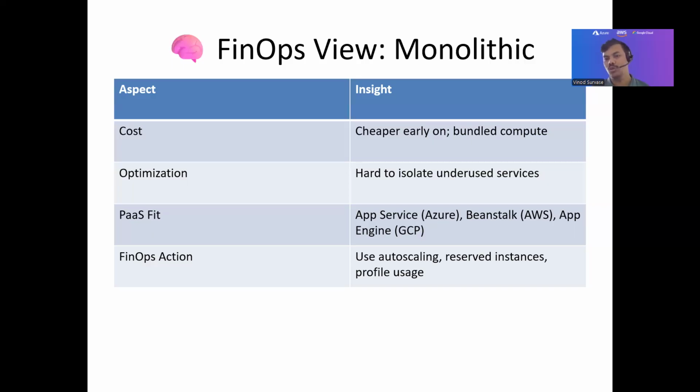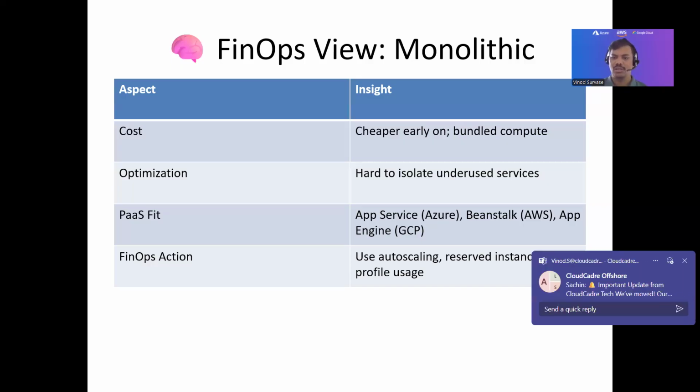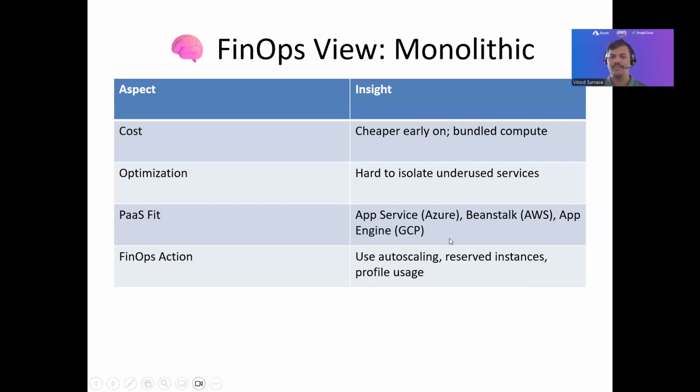Definitely, we need to look into the different options for how we want to use it, and whether we can do additional optimization like right sizing or savings plans and all of that, but that is still not really possible. On the other side is the cloud PaaS fit, which is on Azure as well as AWS and GCP.